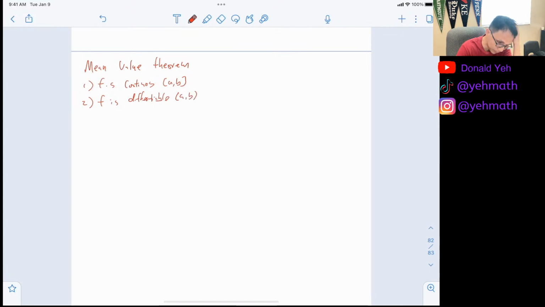The result is there is a c between a and b, in parentheses, meaning c must not be at a or b, where f prime of c is equal to f of b minus f of a over b minus a.